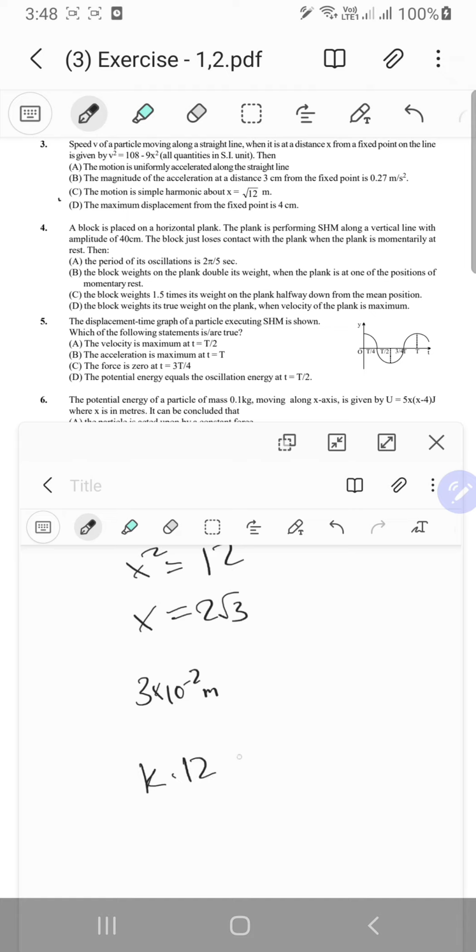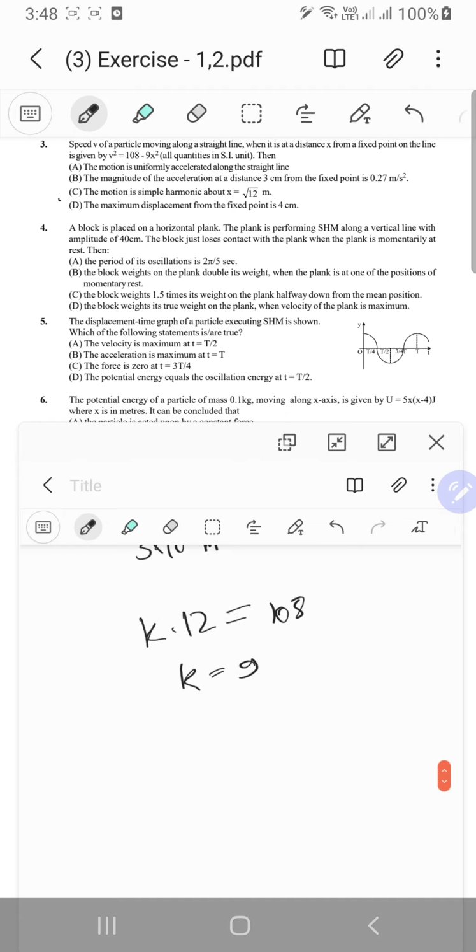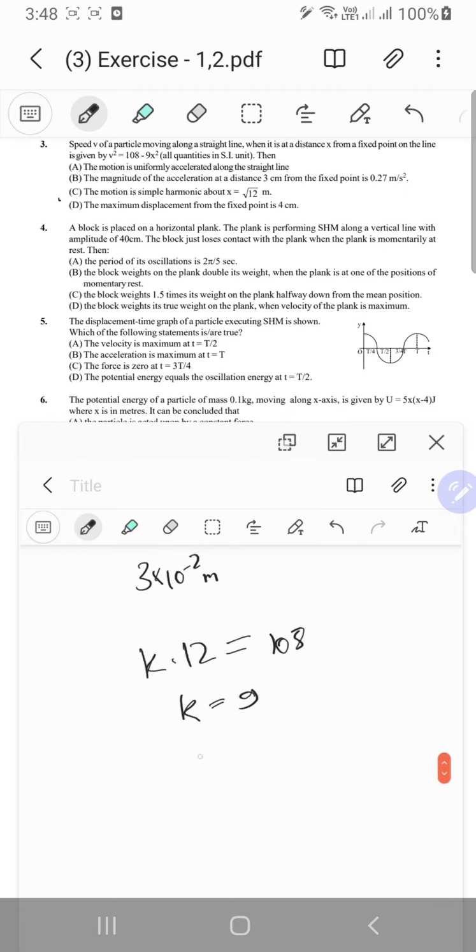Okay. It should be 108. So k is just 9. Omega is 3.